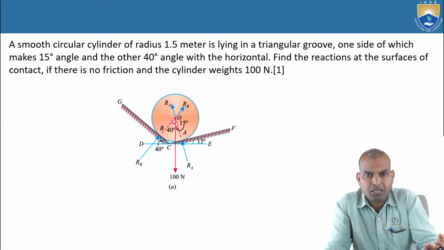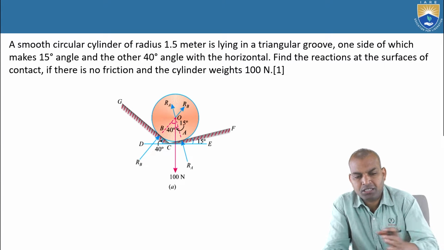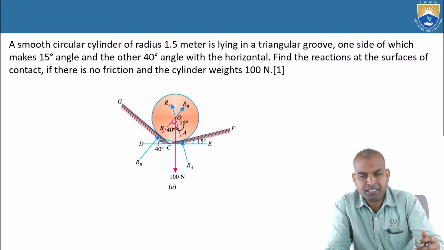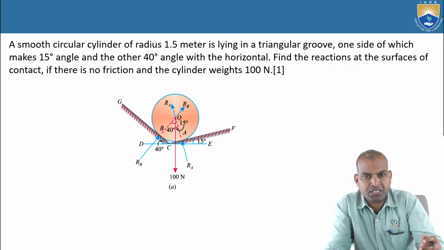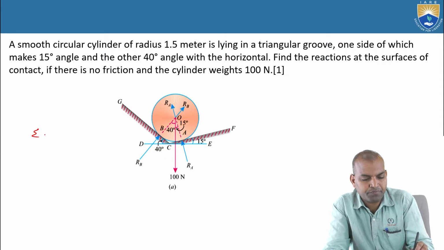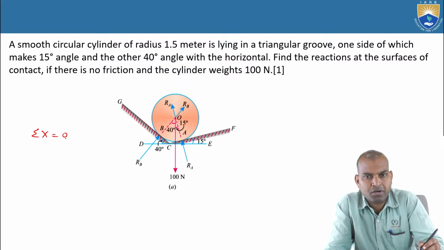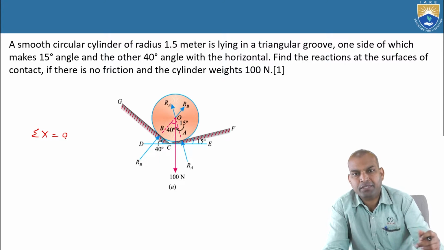When the body has motion in the horizontal, x direction, it should not move, it should be in static condition, stable in the x direction. That means sigma x equal to 0 or sigma H equal to 0. The algebraic sum of all horizontal forces equal to 0. This means the body is horizontally in equilibrium.